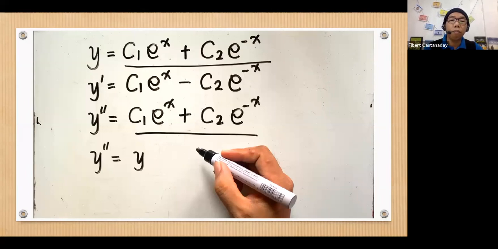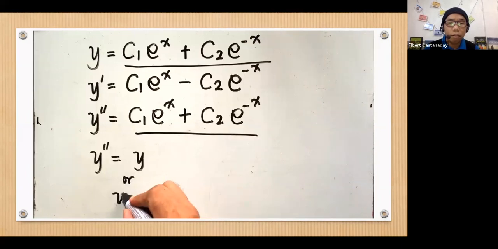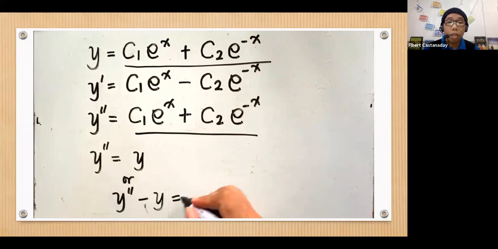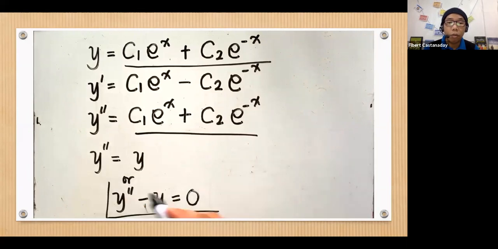Okay, so you may do substitutions. Now we have y double prime minus y equals 0. So this is our final answer.